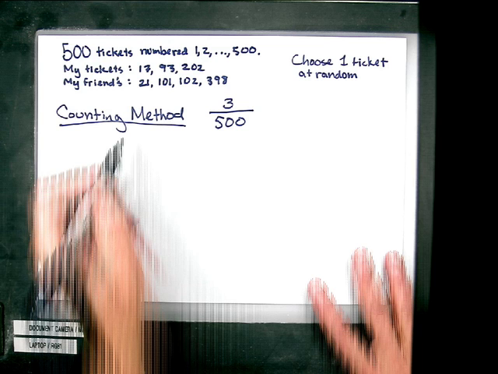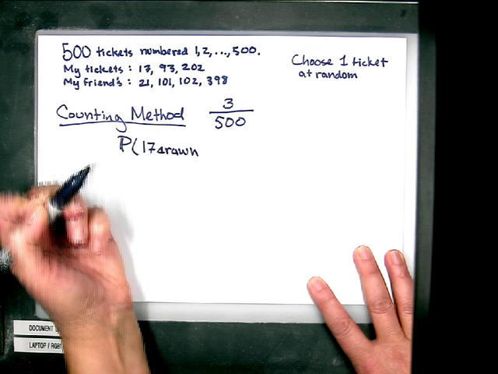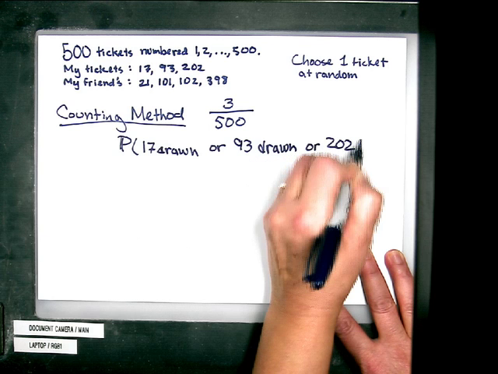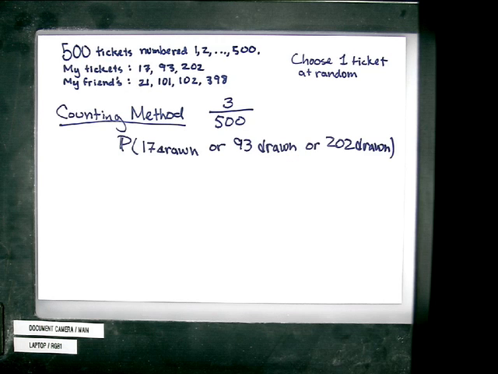I could say, well, that's the probability that 17 is drawn, or 93 is drawn, or 202 is drawn. So those are the 3 possible things that could happen. They are mutually exclusive in the sense that you can't draw both of them. The 2 things can't happen at the same time. So I could then add up these individual probabilities.